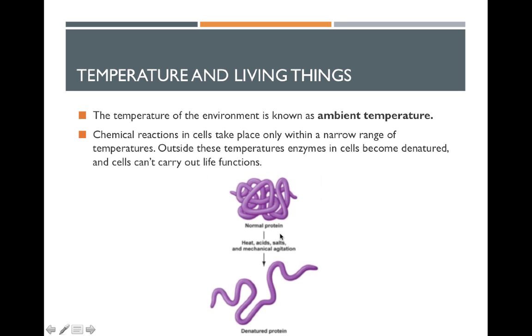Heat, even things like acid and salts, too much change in any of those things cause them to become what we call denatured and unfold. And if enzymes become denatured, they don't work within our cells, and our cells can't carry out life functions. So that's why the individual range of temperatures for individual species is quite small, because enzymes just can't tolerate too much of a change in the natural heat that they're used to.